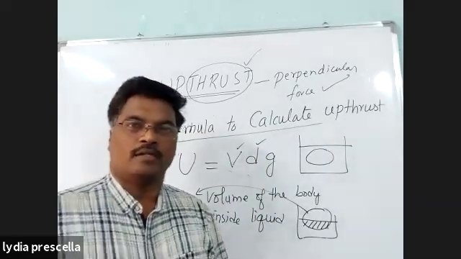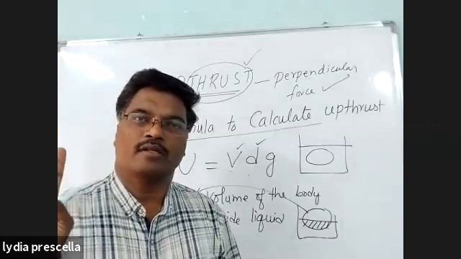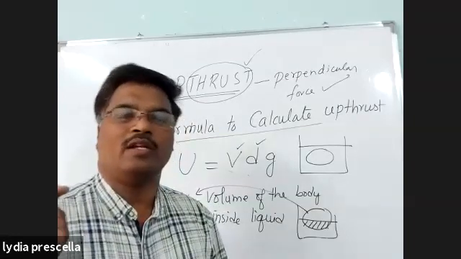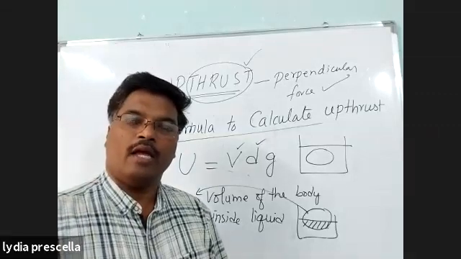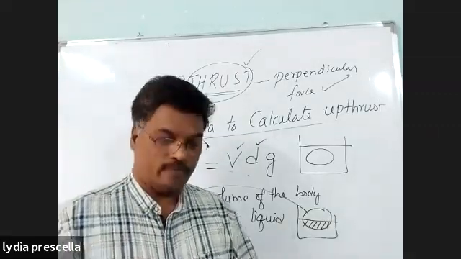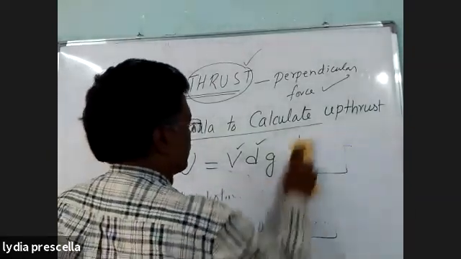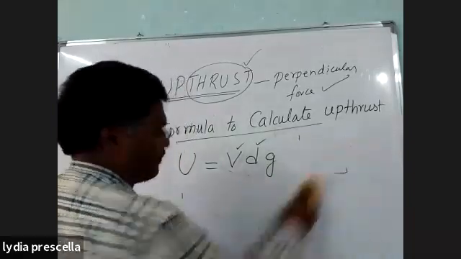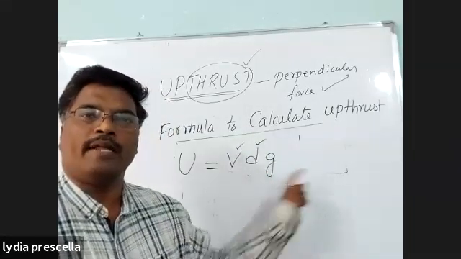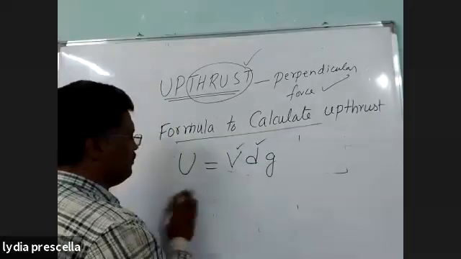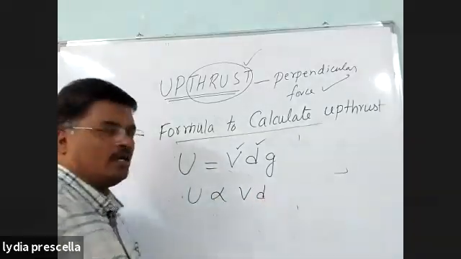So upthrust depends on three things. Number one, V, volume of the body inside the liquid. d, density of the liquid, not the body. And g, acceleration due to gravity. Now, acceleration due to gravity is the same at all places. That's why if you remove it, you can write: upthrust is directly proportional to V d.